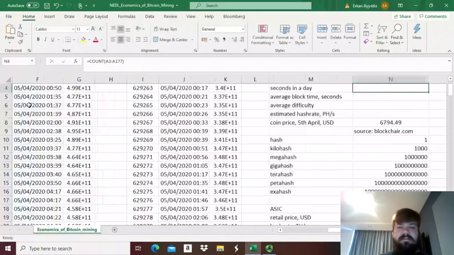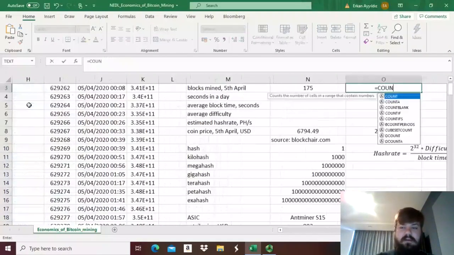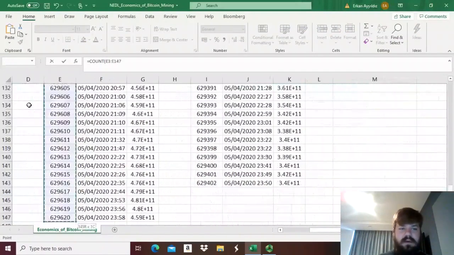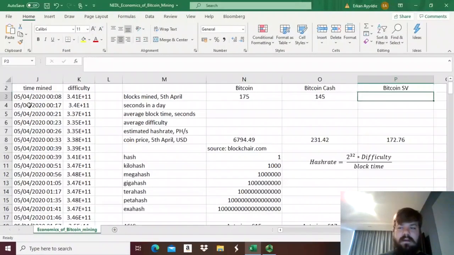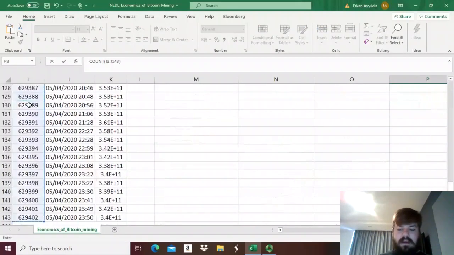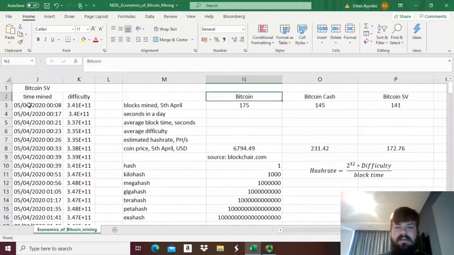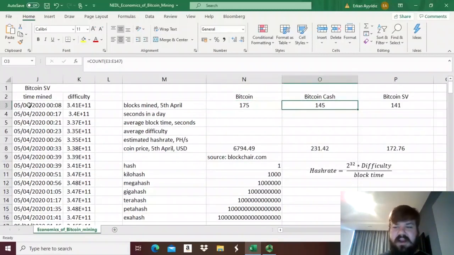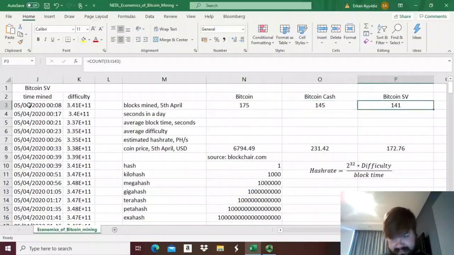So just count this column, count this column, and count this column. And we can see that on the 5th of April, there have been 175 blocks mined on Bitcoin proper, 145 blocks mined on Bitcoin Cash, 141 blocks mined on Bitcoin SV. So then we would be able to apply this formula to get the estimation of hash rate.